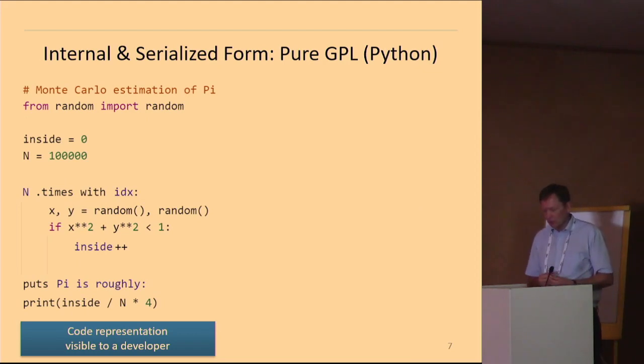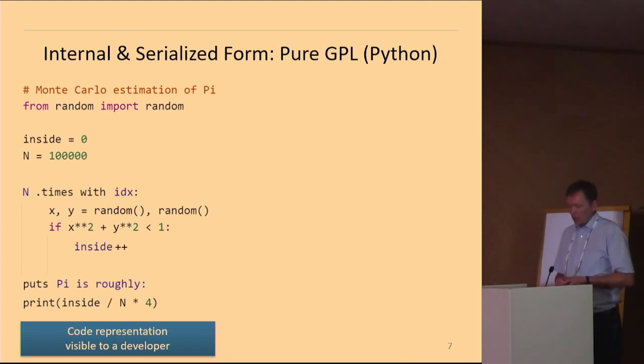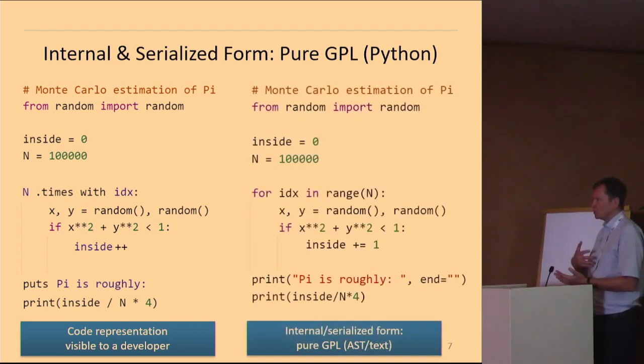Now, the interesting thing is that while you are editing, internally the hybrid editor maintains as the only representation of code the actual pure source code in pure Python. And this is also what is serialized.